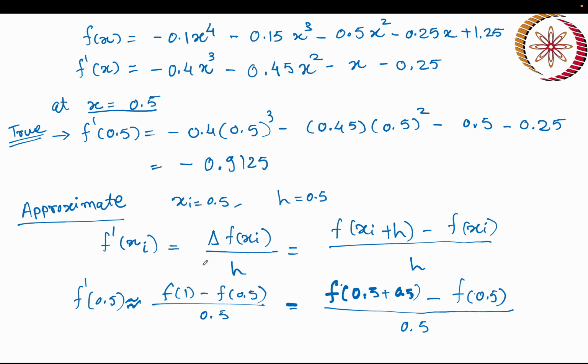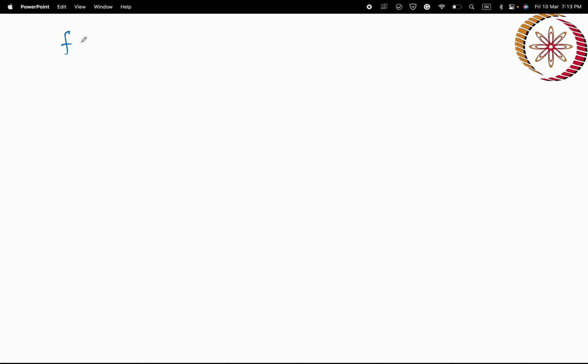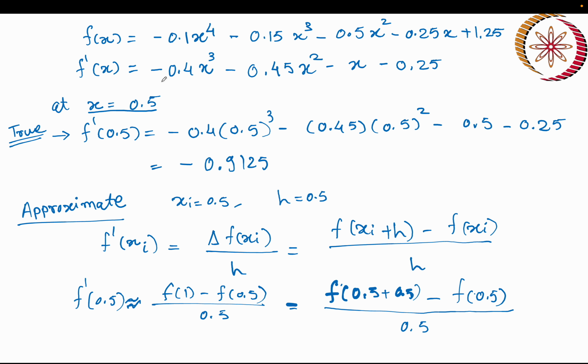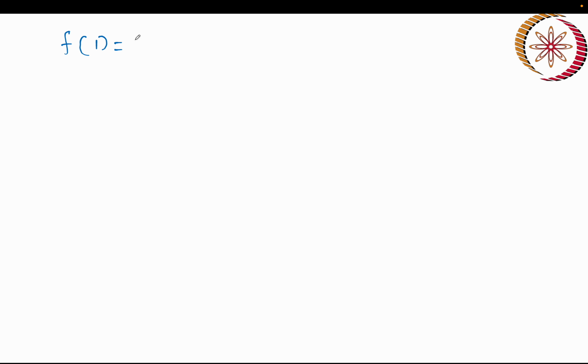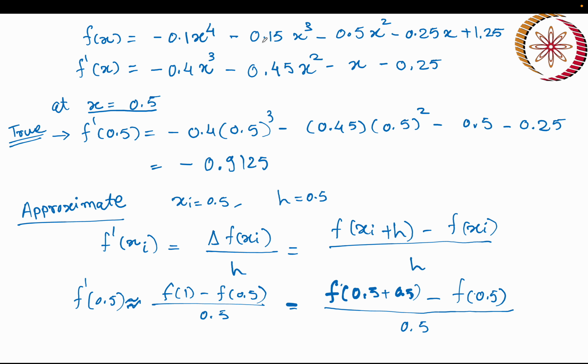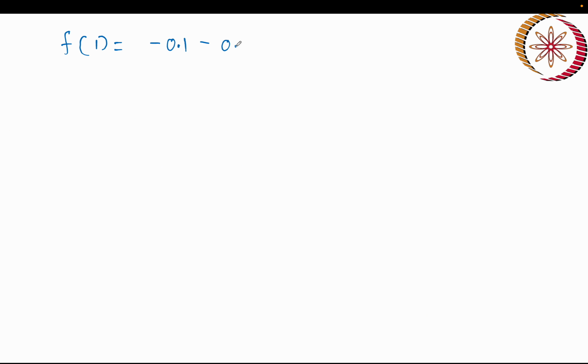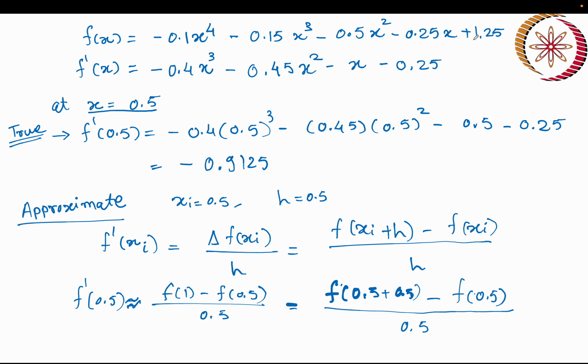Okay, so this will give the approximate value for f dash at 0.5. If you see, it needs the function value at 1 and the function value at 0.5. So first we will find the function at 1. If we substitute 1 into this expression, it will be minus 0.1 minus 0.15 minus 0.5 minus 0.25 plus 1.25.